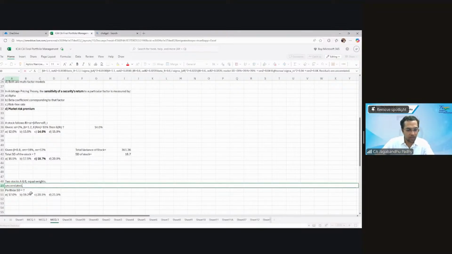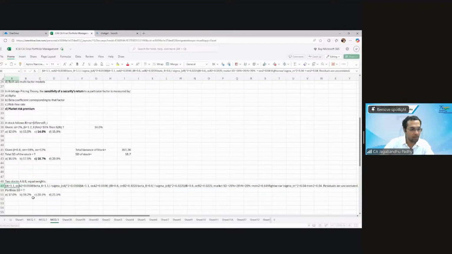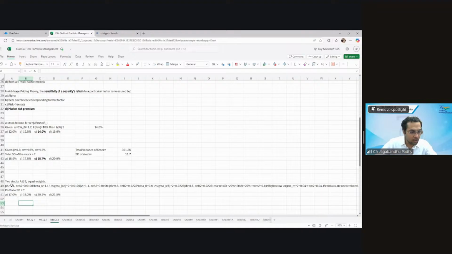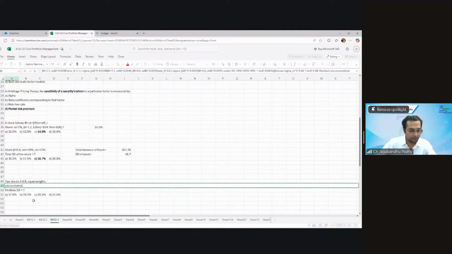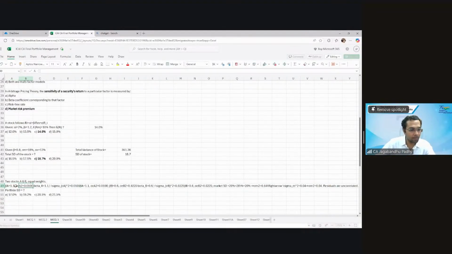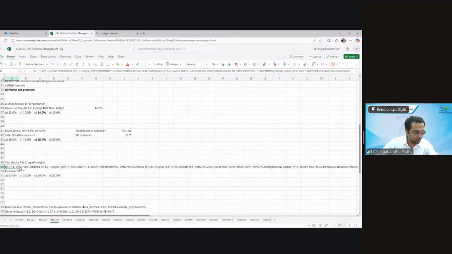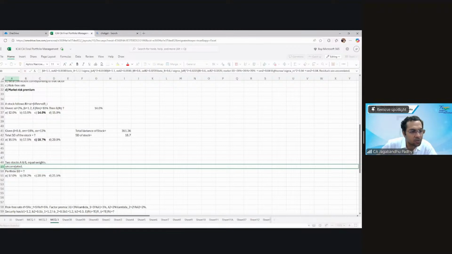Beta of security A is 1.1. Then variance of error term is 0.1.